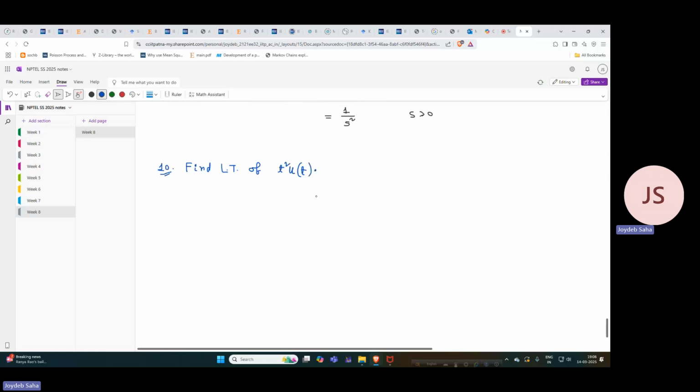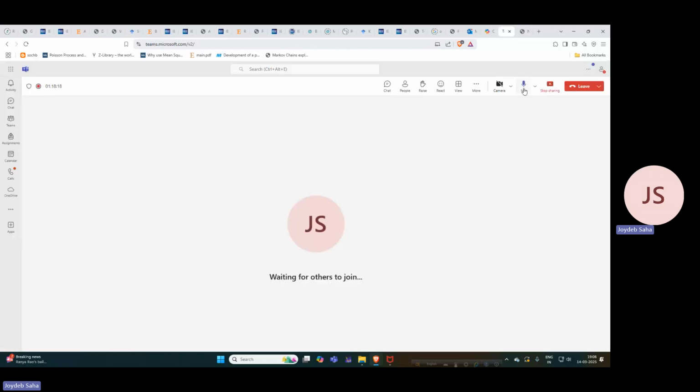So it will be in the similar manner. So you people try to solve this. You take 3-4 minutes and try to solve this problem. Then I will solve it for you.